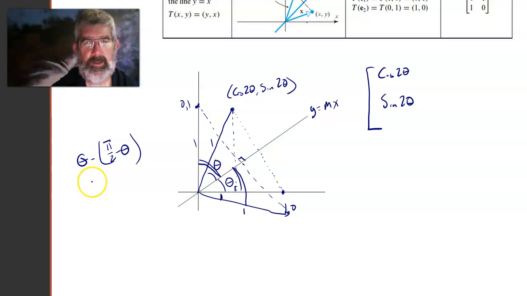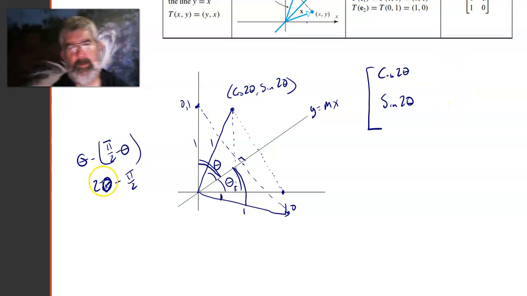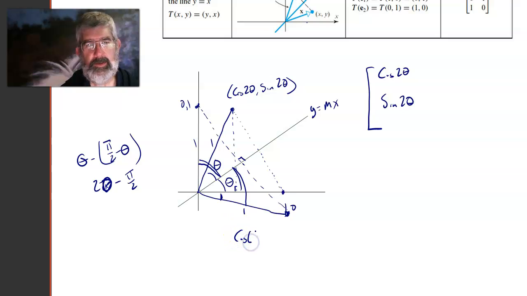And so this is 2 pi, no it isn't, it's 2 theta, because there's a theta and a minus minus theta, and then minus pi over 2. So I'm not going to write this column over here yet, but I do know that the coordinates of this point now are the cosine of (2 theta minus pi over 2), comma, the sine of (2 theta minus pi over 2).